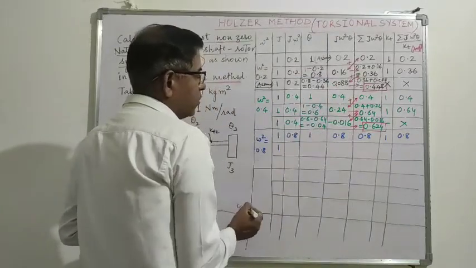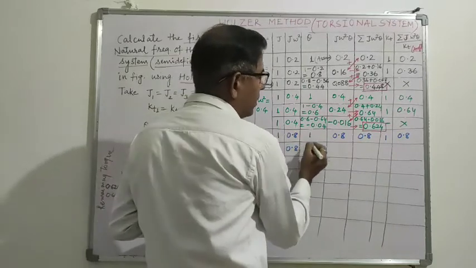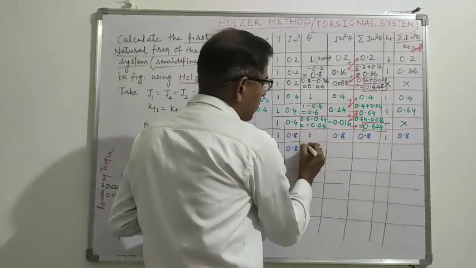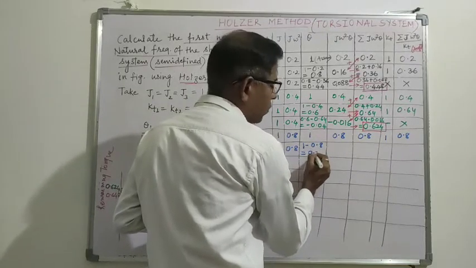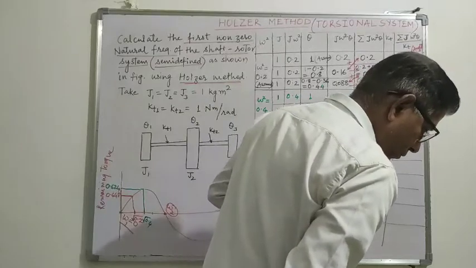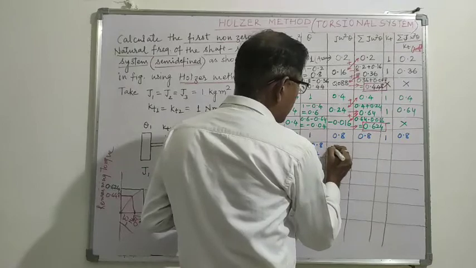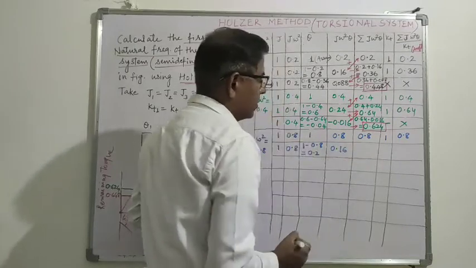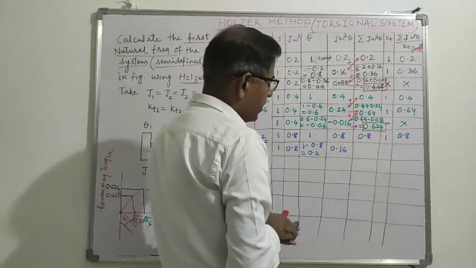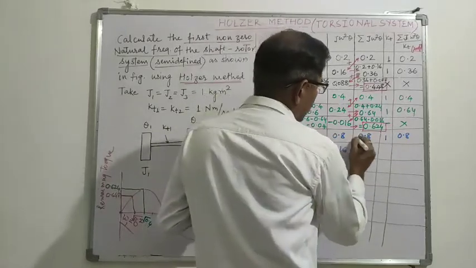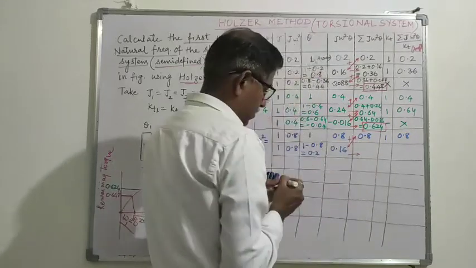So J2 is 1. So 0.8 into 1 is 0.8. And here the angle is 1 minus 0.8, that is equal to 0.2. Then 0.2 into 0.8 is 0.16. Now these two values are to be added together and written down here.